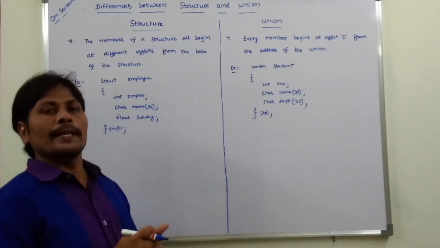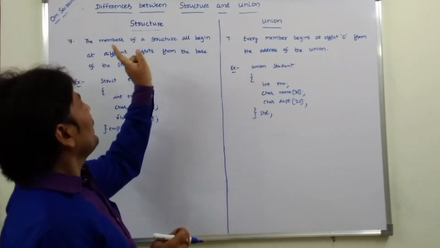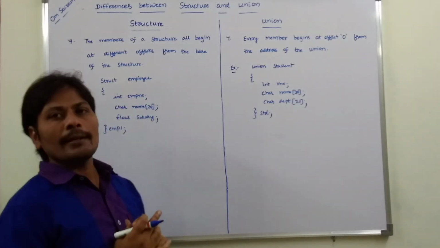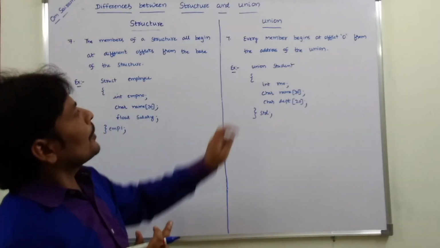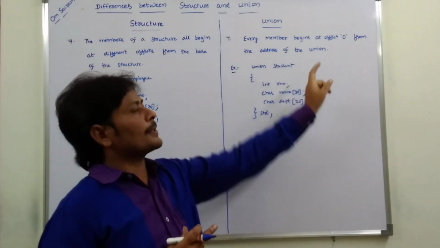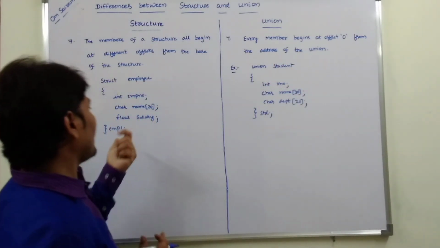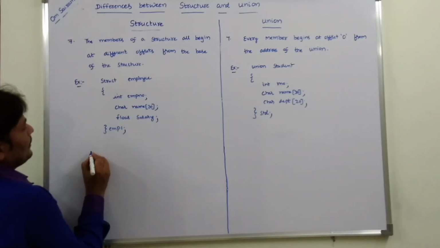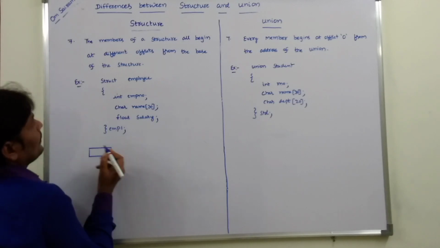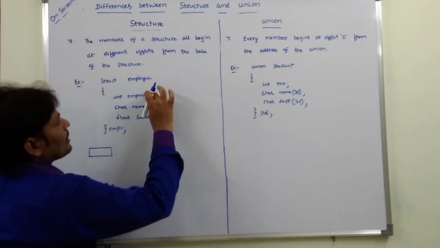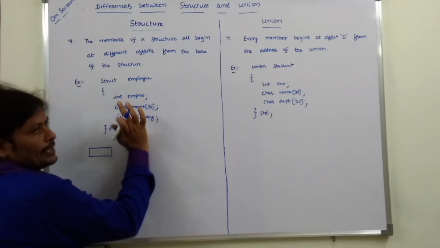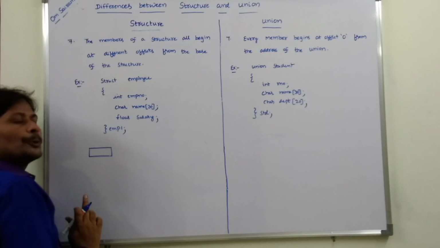The members of a structure all begin at different offsets from the base of the structure. But here every member begins at offset 0 from the address of the union. For example, the first member of the structure is employee number. Employee number data type is int. Int occupies 2 bytes.